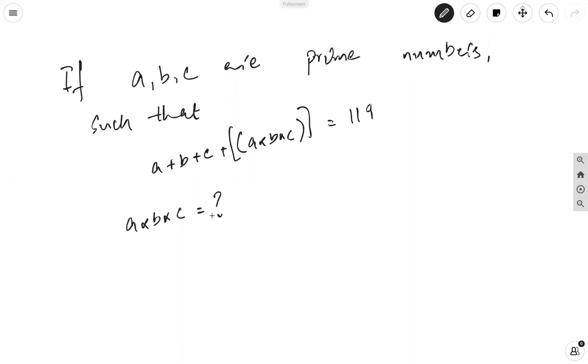What is the value of A into B into C? This is a hard-level question, similar to an exam question, and the same concept is tested.